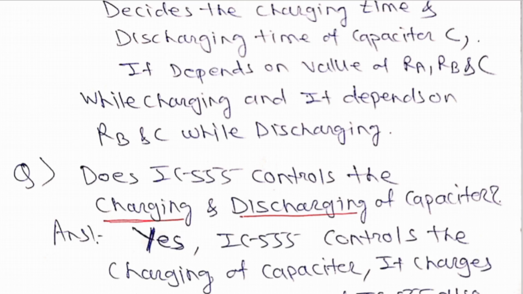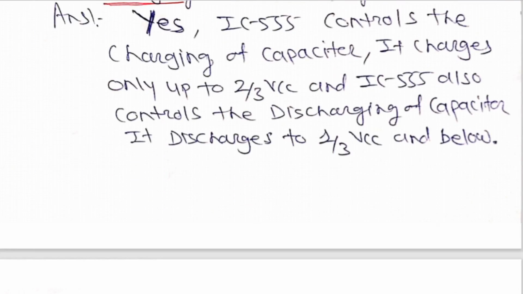What is the reason? The reason is like this: IC555 controls the charging of the capacitor. Why is it said like this? Because the role of the potential divider circuit is very important here. The potential divider circuit has two-third VCC and one-third VCC as fixed voltages.